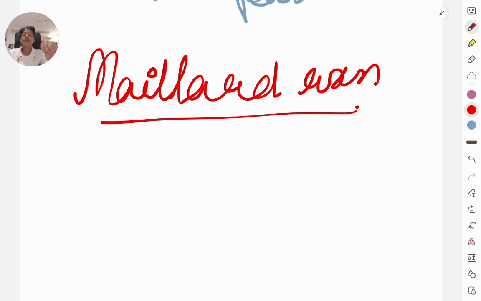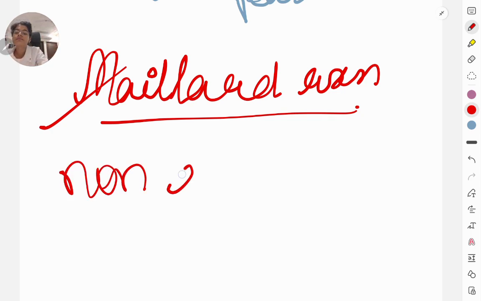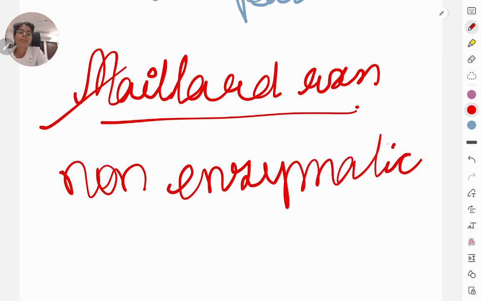So to add flavor we have the Maillard reaction, which is non-enzymatic. It is a reaction between amino acids and reducing sugar.